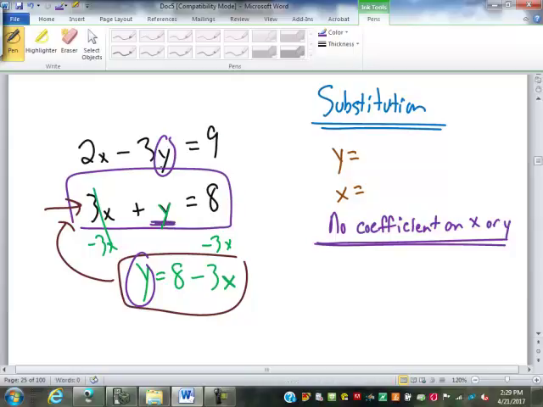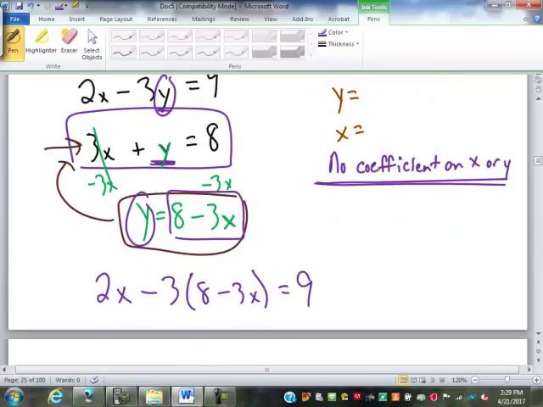So I'm going to rewrite that first equation. 2x doesn't change, minus 3. Instead of y, I'm going to put in 8 minus 3x equals 9. All I have done is replace this y with y equals 8 minus 3x.